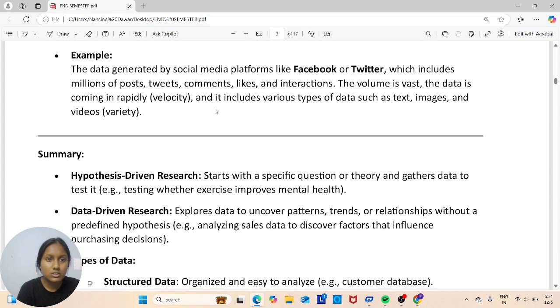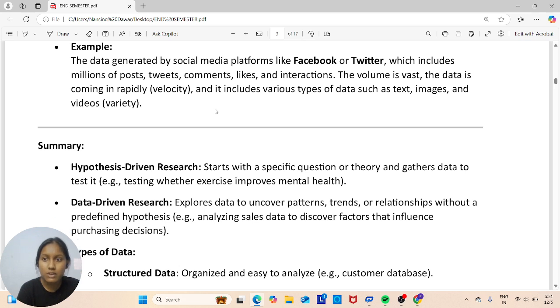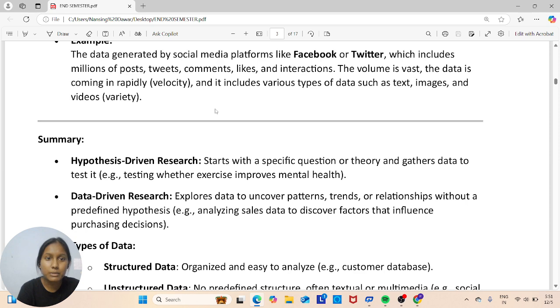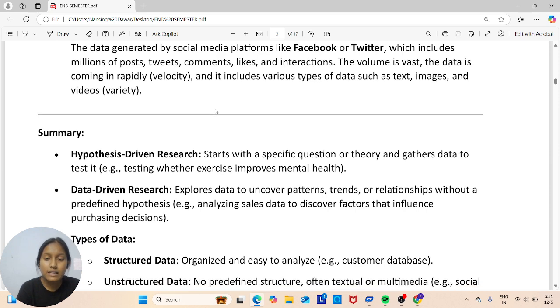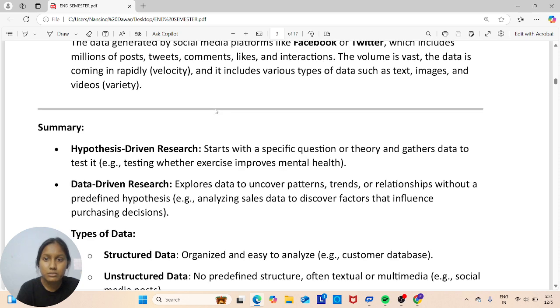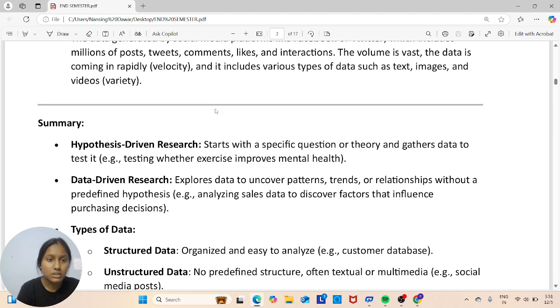Example of big data: the data generated by social media platforms like Facebook or Twitter, which includes millions of posts, tweets, comments, likes, and interactions. The volume is vast. The data is coming in rapidly, velocity, and includes various types of data such as text, images, and videos.